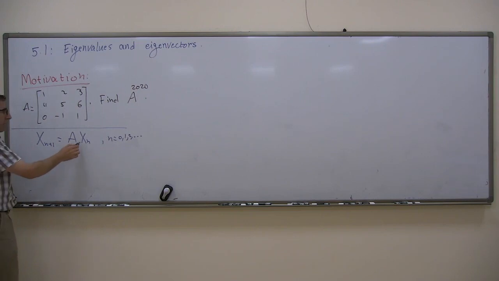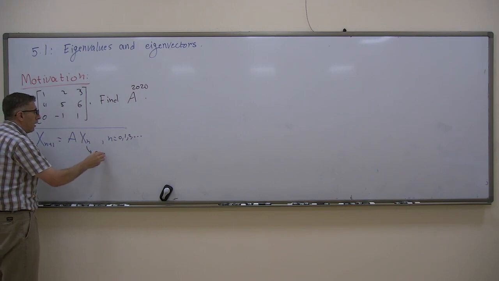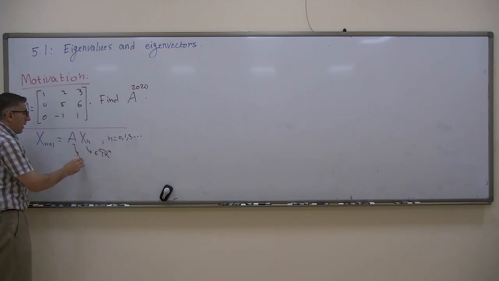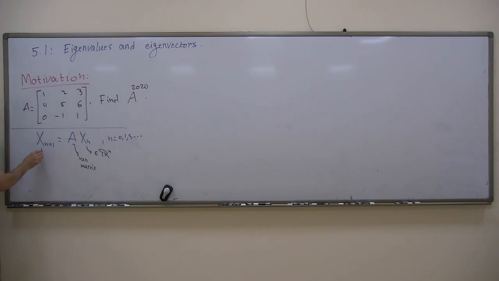Here, x is a vector in Rn. Here, this matrix is an n by n matrix. And this is a vector in Rn.